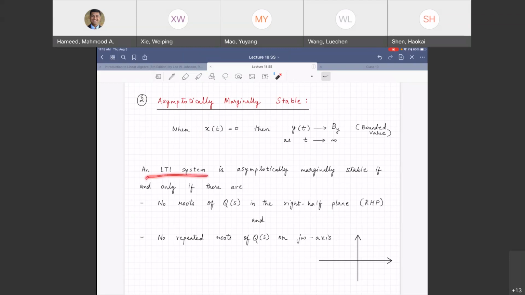Over here, an LTI system is considered to be marginally stable if and only if it satisfies these two criteria. One is no roots in the right half plane. You cannot have roots in the right half plane. Why? It will make it unstable. And you cannot have repeated roots on the j omega axis.